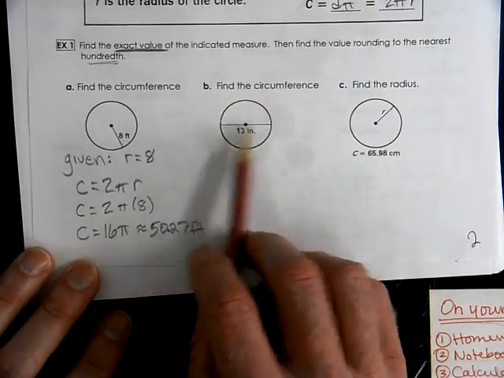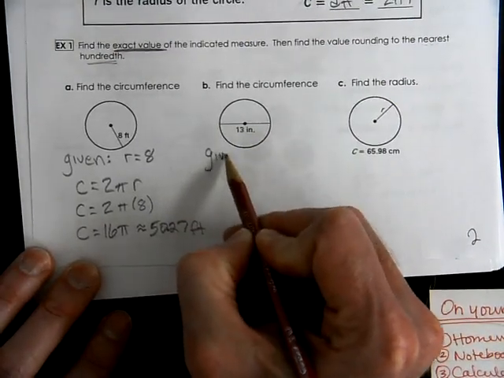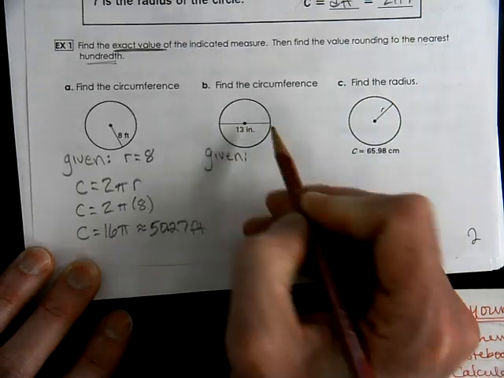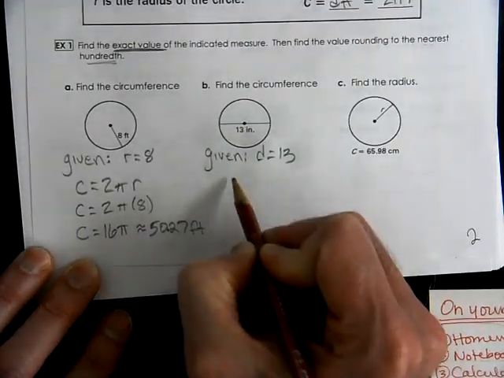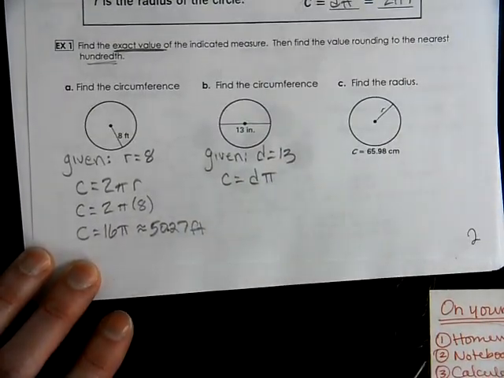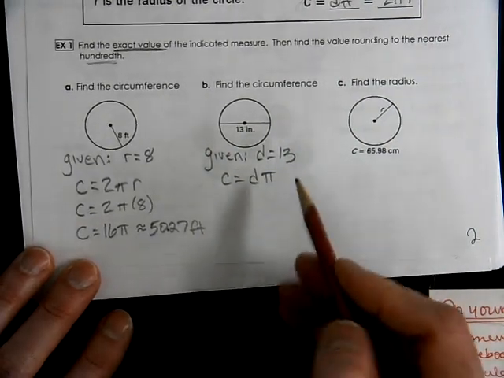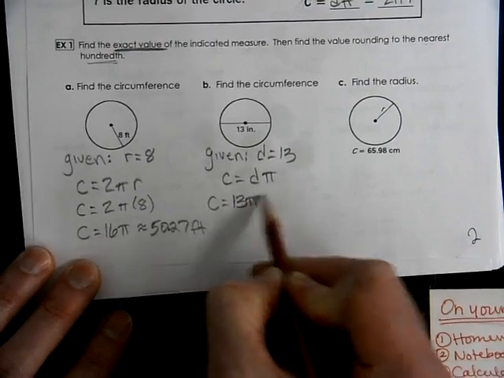Here, notice what they give us. They give us the full diameter. So you need to be observant to the given information. We know the diameter is 13. So we're going to use the formula diameter times pi. So if we know the diameter is 13, our exact answer is 13 pi.